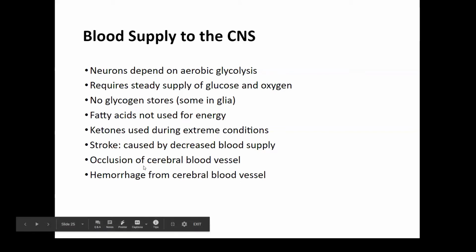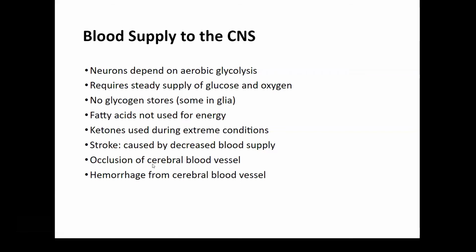And as we can see, really bad things happen if the brain does not get enough blood. Strokes are often caused by blockages, right, in blood vessels to the brain. So if you have a clot somewhere, travels and blocks blood to the brain, that's a stroke. This is caused by decreased blood supply. So that's why you actually see the things that you see when someone has a stroke.